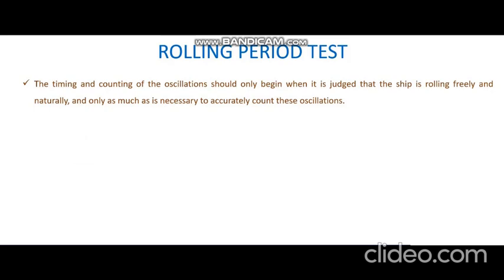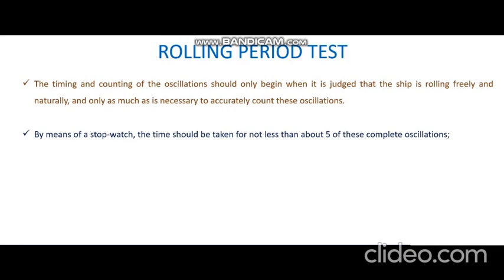With a stopwatch, you can measure the period of roll. Do you measure one period of roll? No. Usually they say you should have 8 to 10 rolls over which you measure, and then divide by that number to get the period of roll, so that any error's effect is minimized when it is counted for a number of rolls.